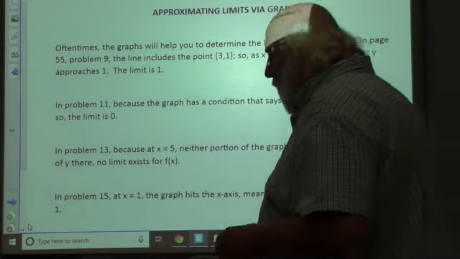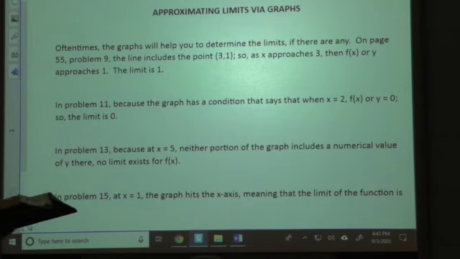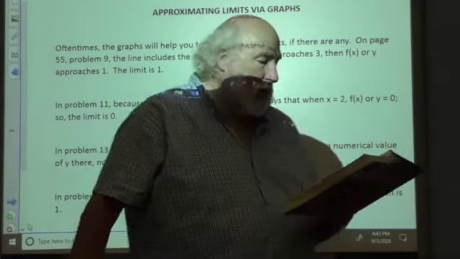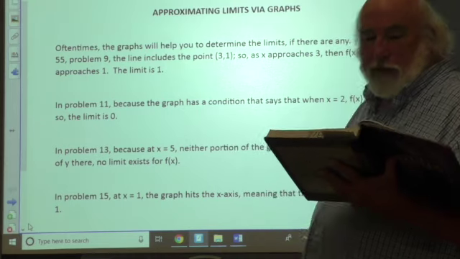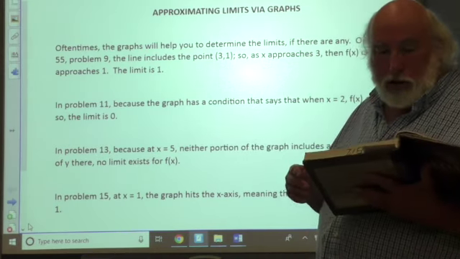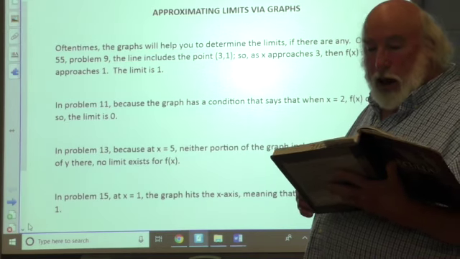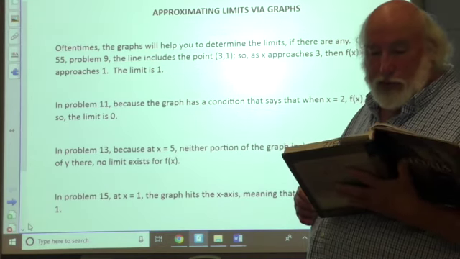On page 55, problem number 9. If you open up your book to page 55 and look at problem number 9, you'll see a number of graphs on the left-hand side. The first one, you'll notice that the graph is a linear situation, and the limit is at x going to 3.